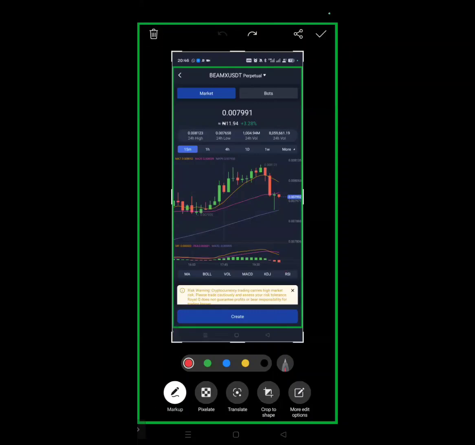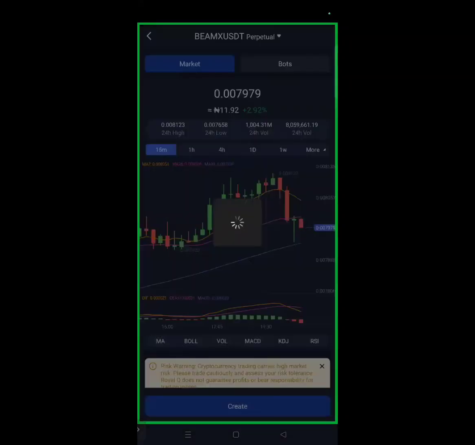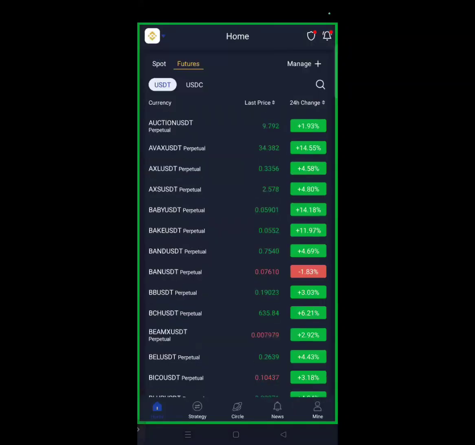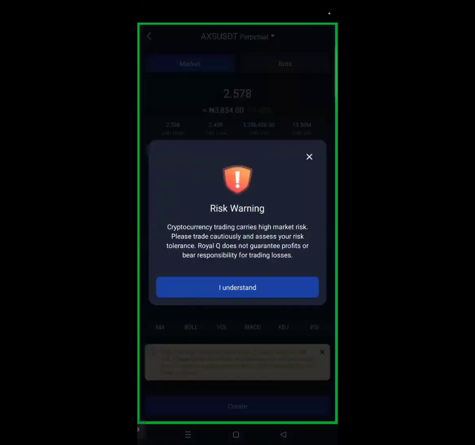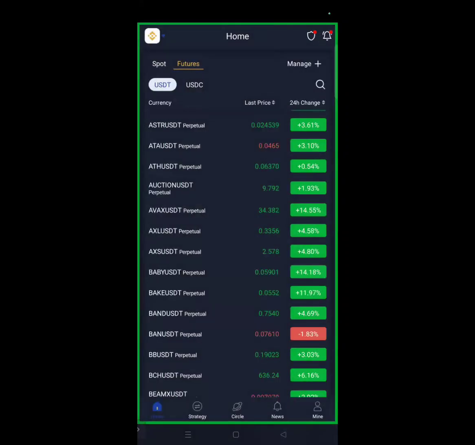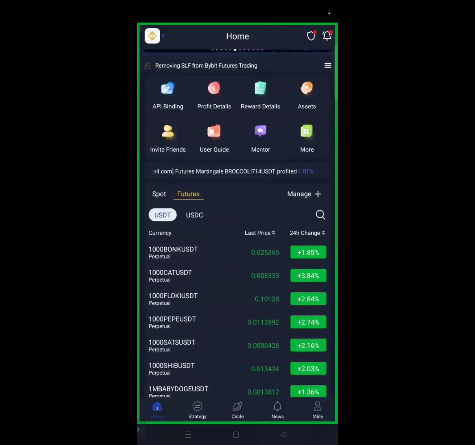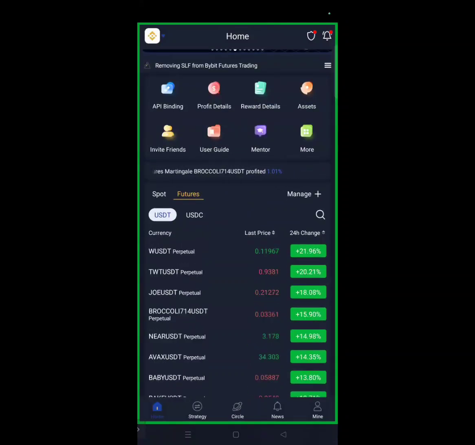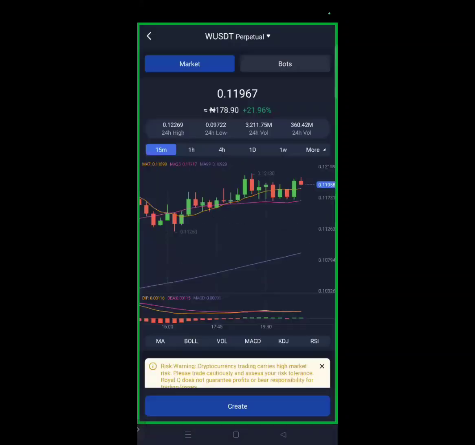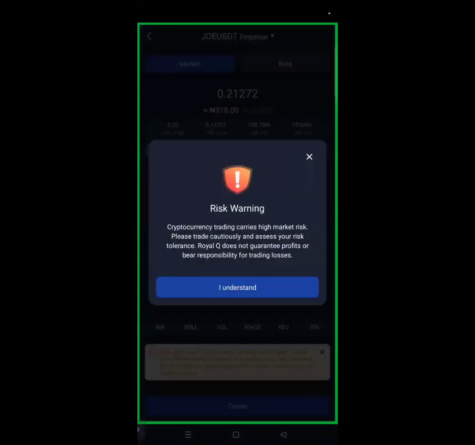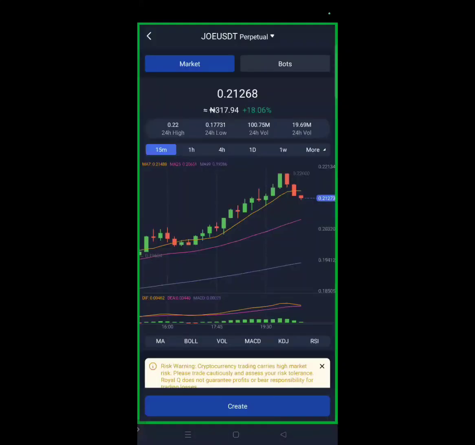Okay, so let me see if I can get one that has not crossed, but it has to be above the graph. This one too has crossed. Let me check at the top. Okay, so this one is beautiful. This one now is also beautiful.